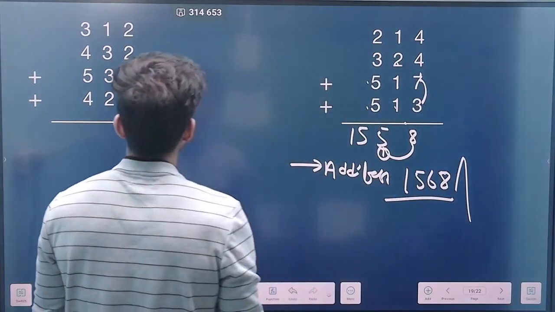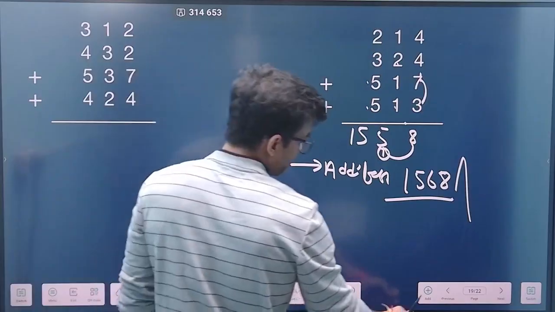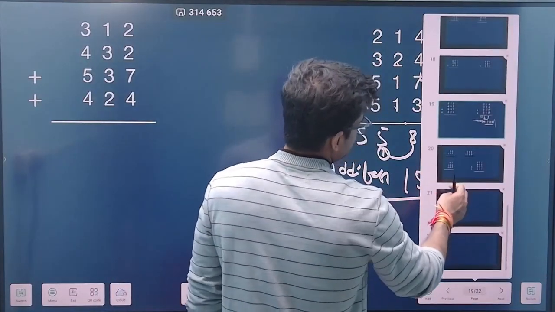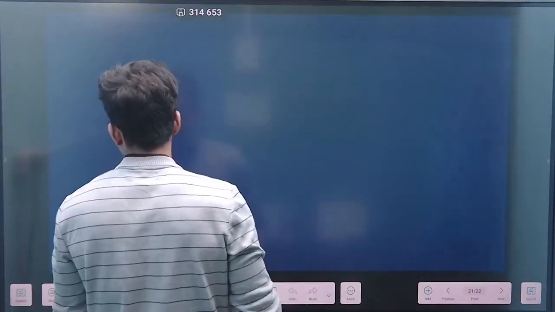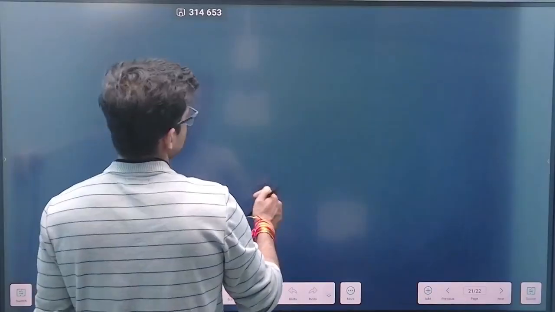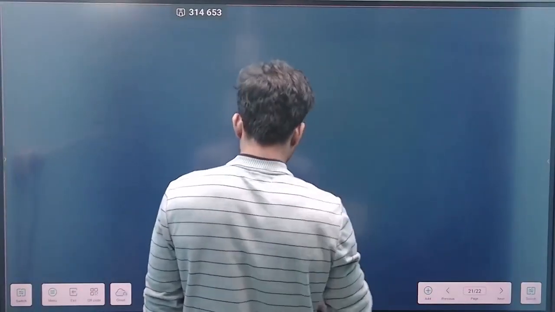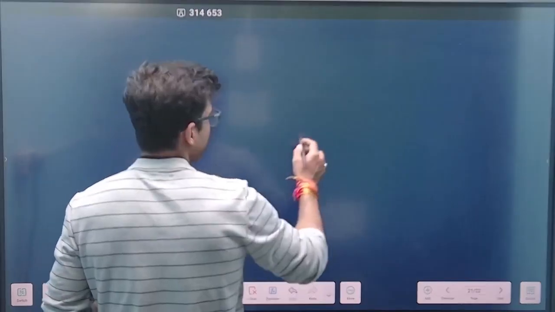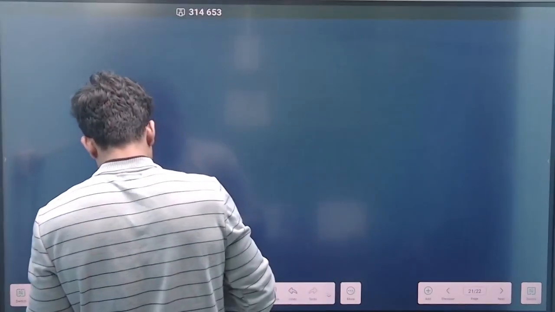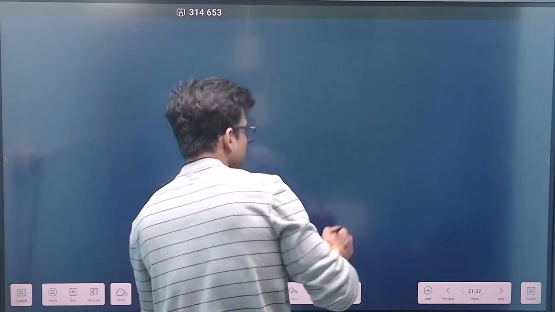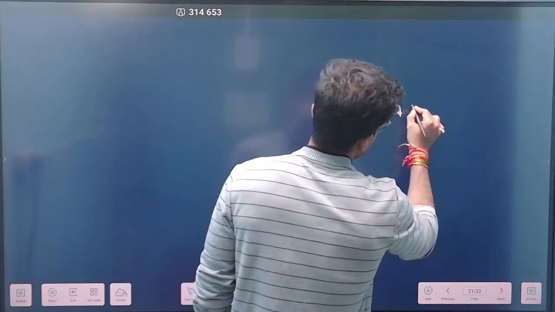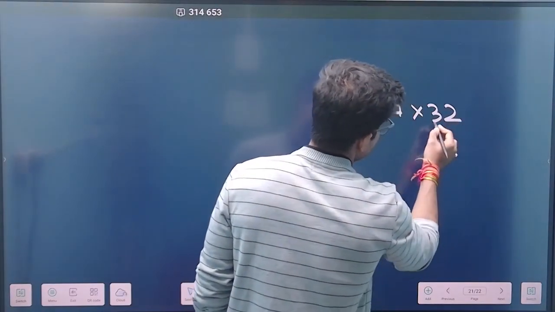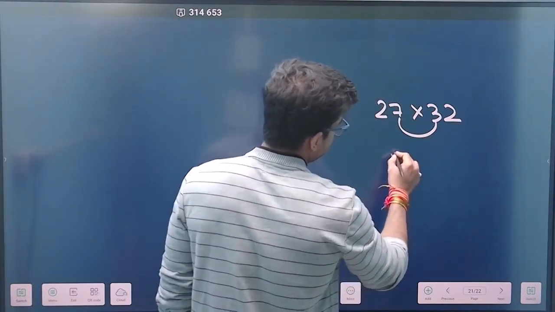Try playing with the numbers. Always try to play with the numbers. Suppose I take another multiplication, like 27 multiplied with 32. Now what you need to do? 7 3s are 21.